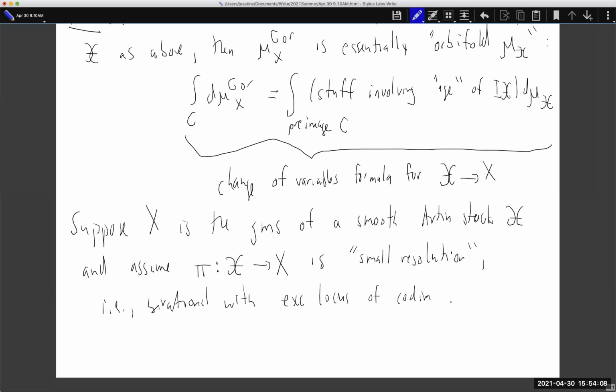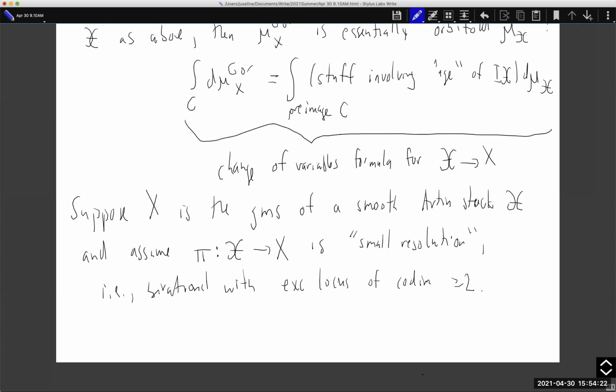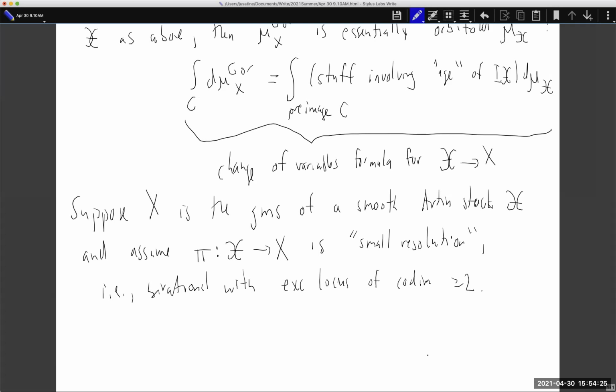So for schemes, or even for Deligne-Mumford stacks, this notion of small resolution implies being a crepant resolution because the relative canonicals have to be supported on the exceptional locus. At the moment, it's actually a subtle issue of trying to define the canonical divisor on an Artin stack, so we don't have a precise meaning of what a crepant resolution should be.